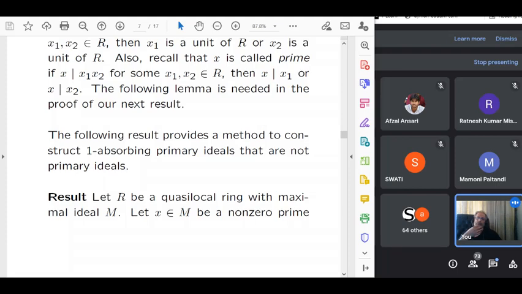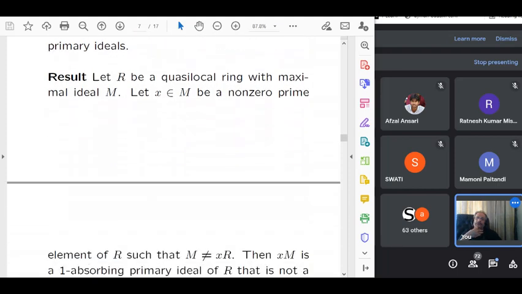The result is the construction. Let R be a quasi-local ring with maximal ideal M. And you choose X in M to be a non-zero prime element, where M is not generated by this prime element. So M is not equal to XR.